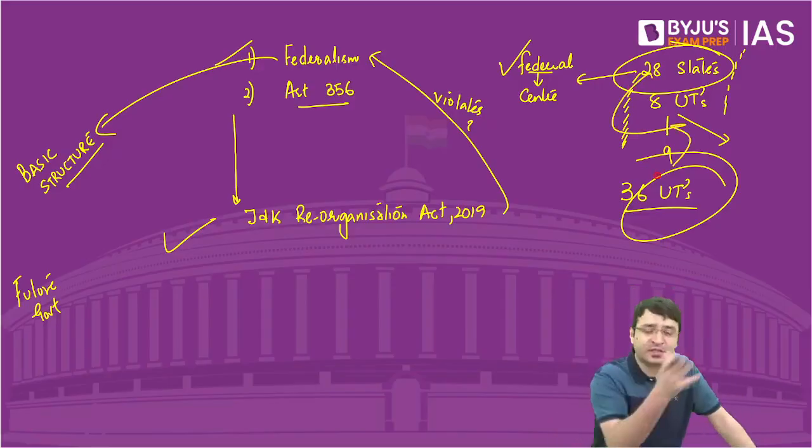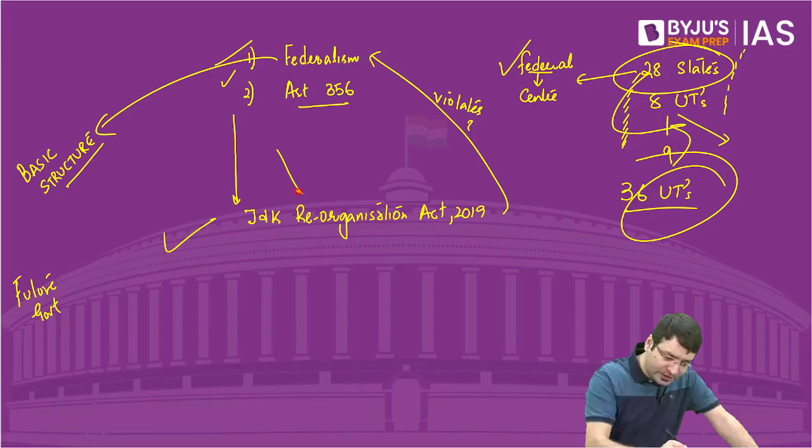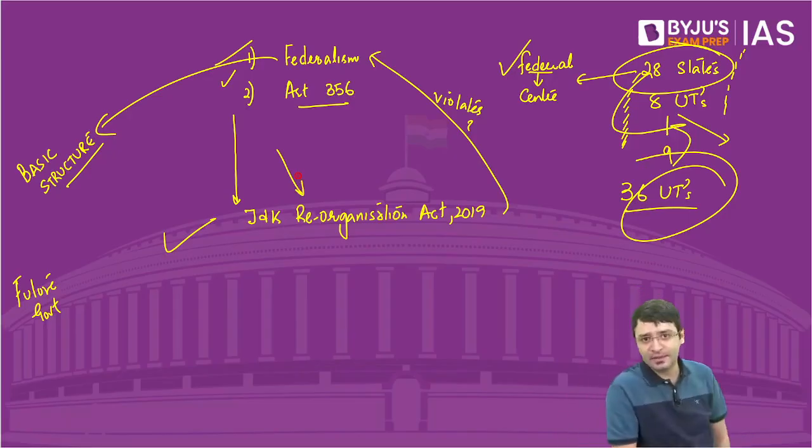Then federalism would be violated. That's the key question that Supreme Court will have to answer when this matter will be heard by the Supreme Court, whether J&K Reorganization Act is constitutional or not.